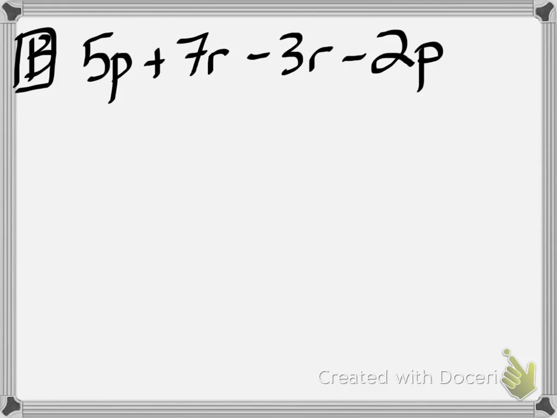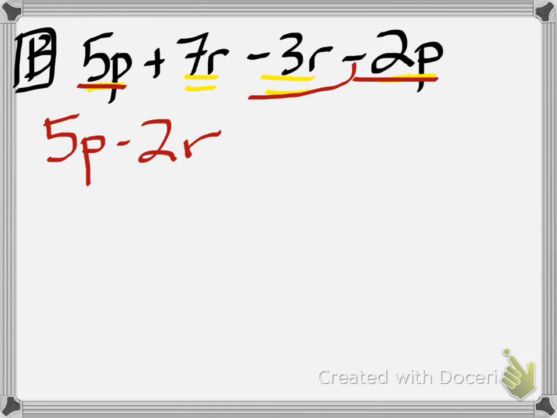Here's B, 5p plus 7r minus 3r minus 2p. Okay, this one looks confusing. Let's see, we have a p and a p. We have an r and an r. This is another strategy you can use, underlining them in different ways. Let's rewrite this one. I have 5p minus 2p. See how I carry that subtraction sign over?